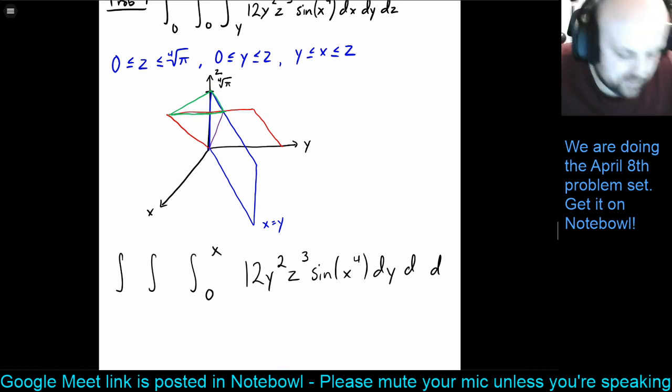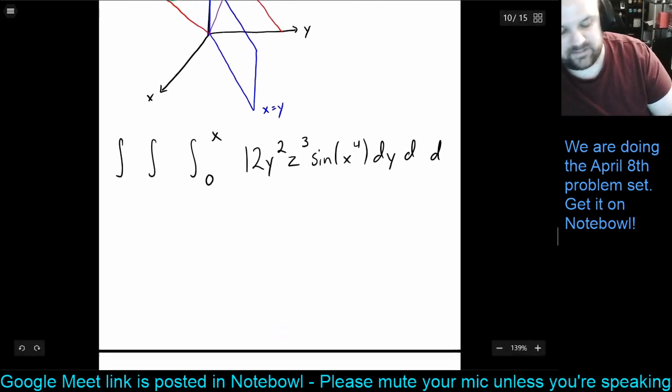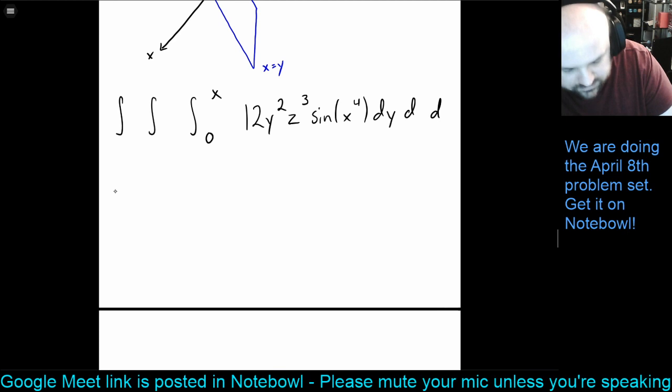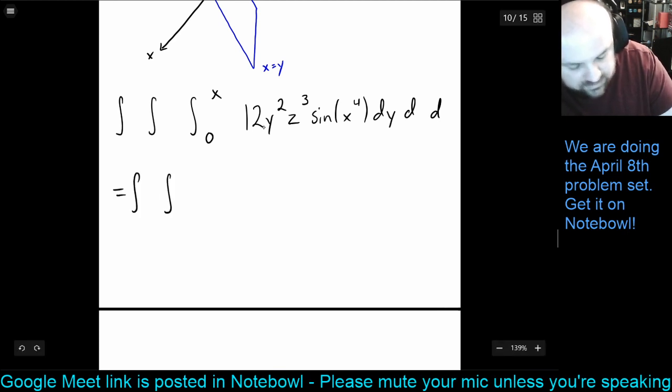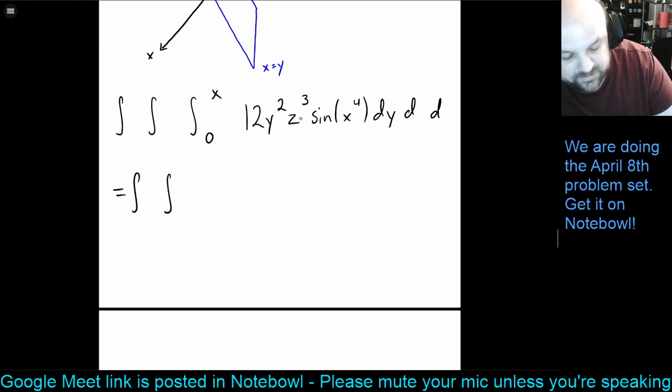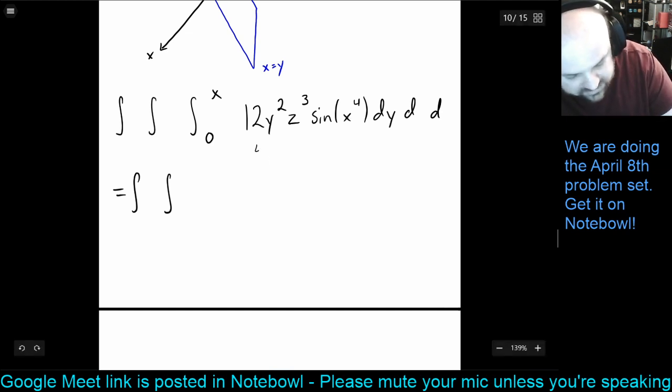Right. So let's do this integral with respect to x and see what happens. Right, so integrate with respect to y. If we integrate this with respect to y, you're going to get 4y cubed z cubed sine of x to the 4th. So let me just note that here.